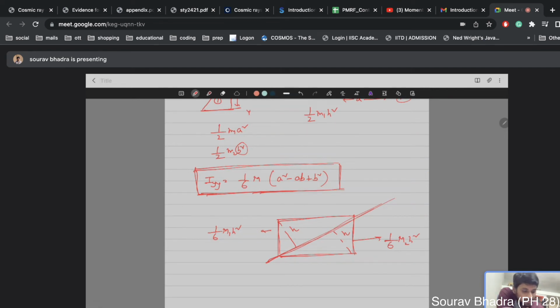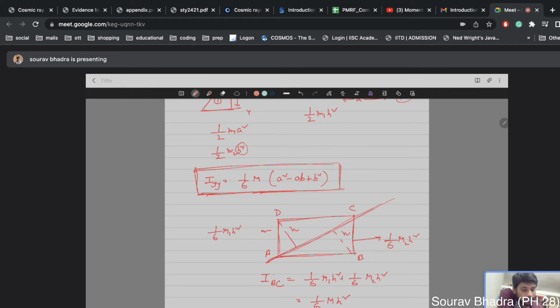So the total moment will be, let's say the rectangle is ABCD, along the line AC it will be just the sum of these two, that is 1/6 capital M h square, where capital M is M1 plus M2, the mass of these two sections, which gives the total mass of this rectangular lamina.